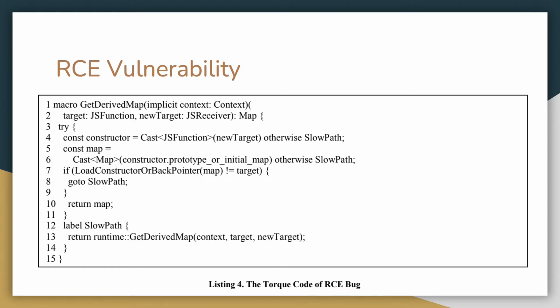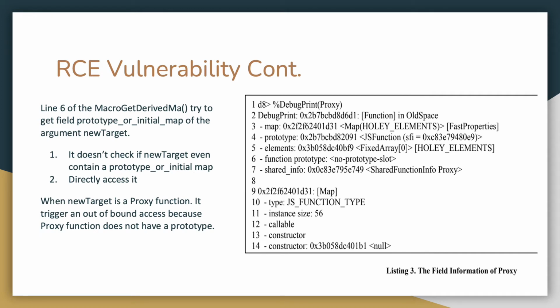Basically on line 6, the problem is that it's trying to get some sort of map, like a prototype or an initial map of the new target, which is the argument in this case. So what is the problem with this is that it doesn't check if the new target even contains a prototype or an initial map. It just directly accesses it.